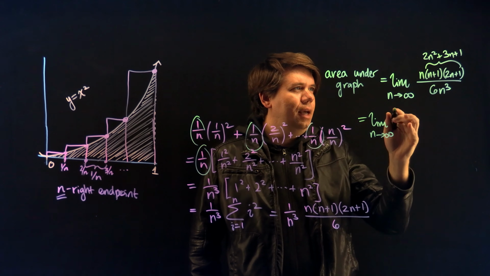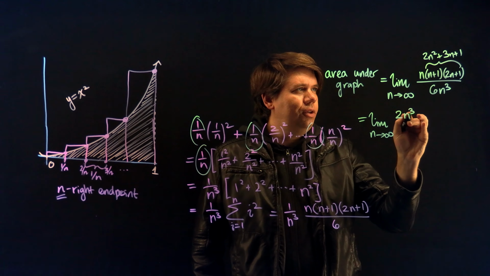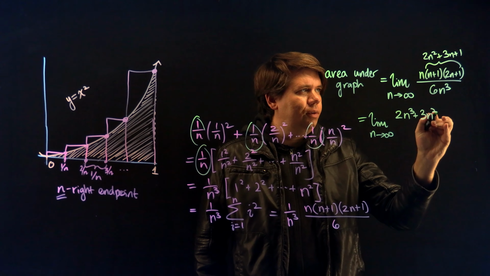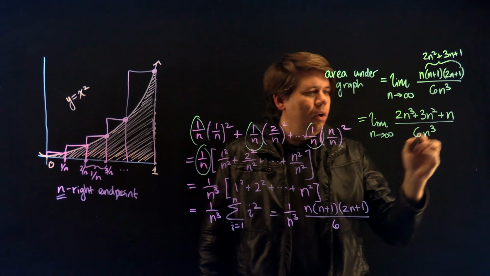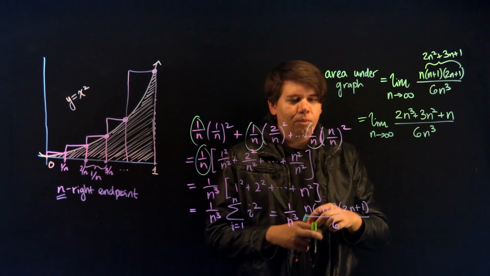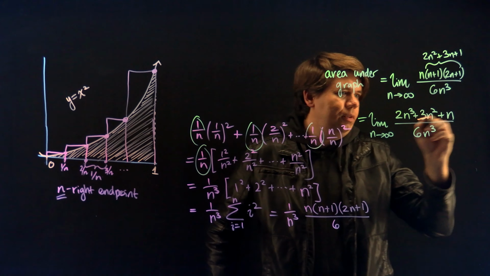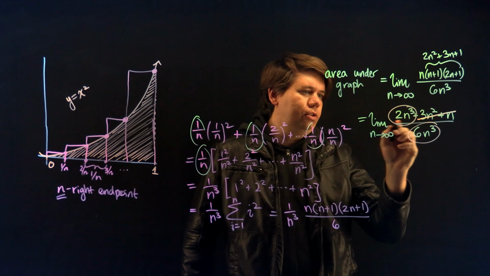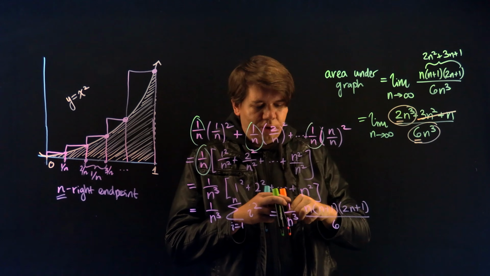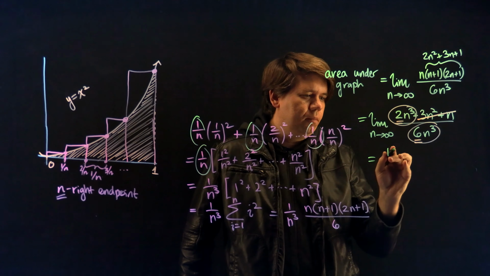Then you need to multiply it by n again. So up top we have 2n cubed plus 3n squared plus n all over 6n cubed. What happens as n goes to infinity? Well, as n goes to infinity, you can disregard these smaller terms, and it just becomes this ratio. It's just 2 over 6, or 1/3.